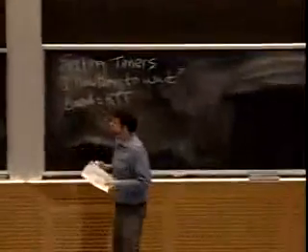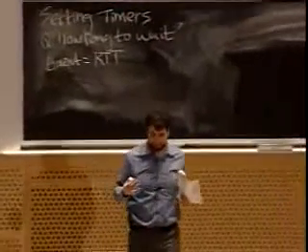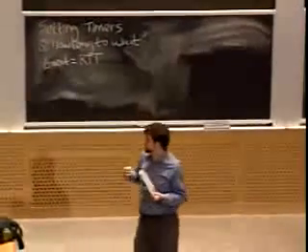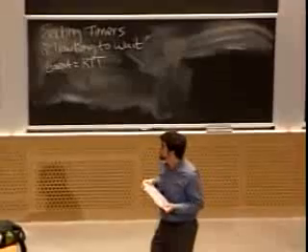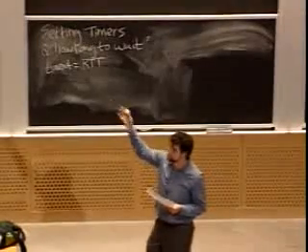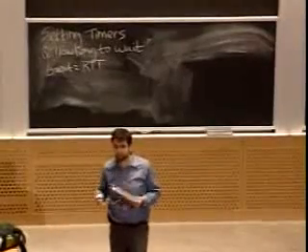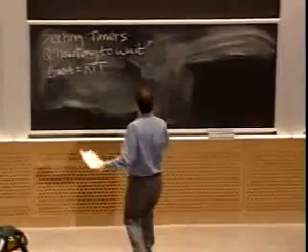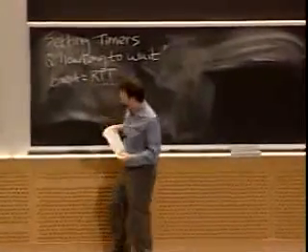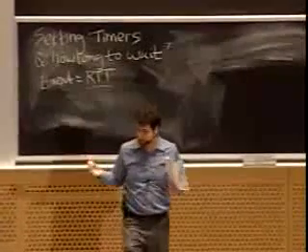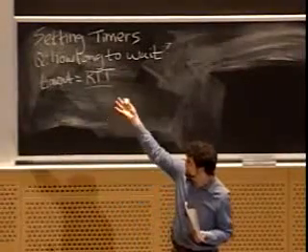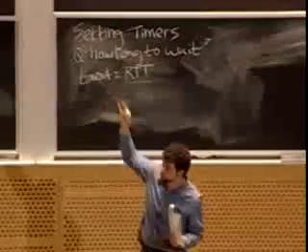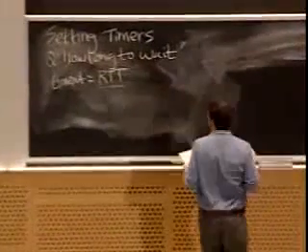If we set the timeout to just be RTT, say the average round trip time that we've measured in a signal like this, then some significant proportion of the time we're going to be above the RTT, because there are going to be many samples above the average.